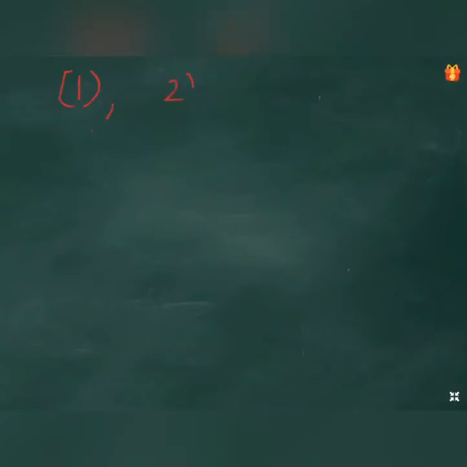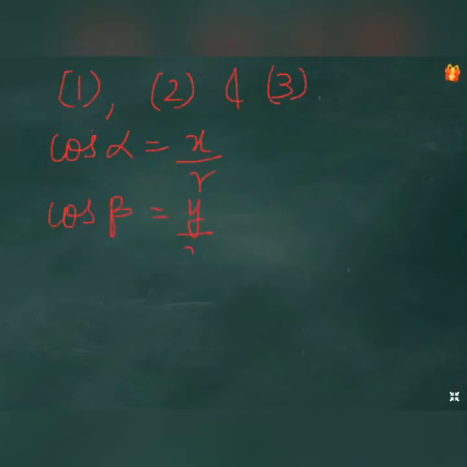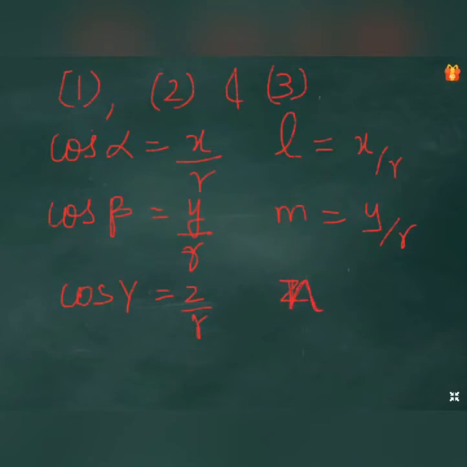In equations 1, 2 and 3 we have cos alpha is equal to x by r, cos beta is equal to y by r, and cos gamma is equal to z by r, which can also be written as l is equal to x by r, m is equal to y by r, and n is equal to z by r respectively.